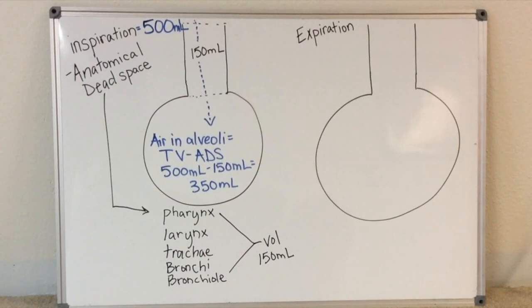The air reaching the alveoli is equal to the tidal volume minus the volume of the anatomical dead space, which is about 500 milliliters minus 150 milliliters, resulting in only 350 milliliters reaching the alveoli. Only 350 milliliters of air are actually available for gas exchange. The 150 milliliters that fill the anatomical dead space is inexchangeable.